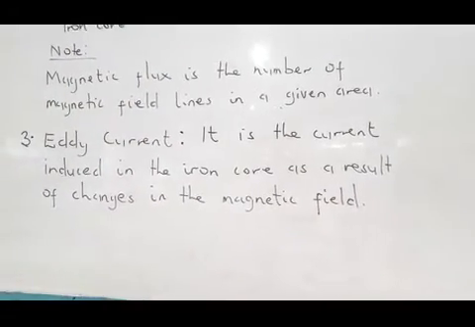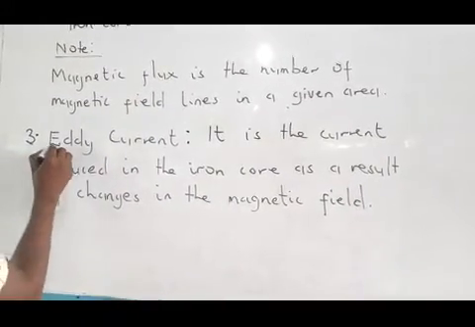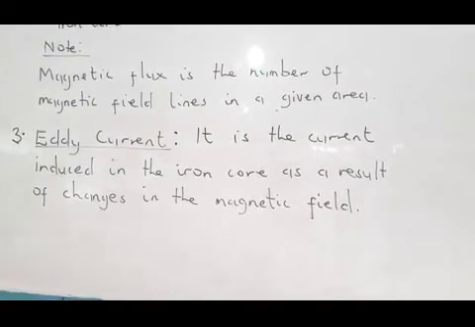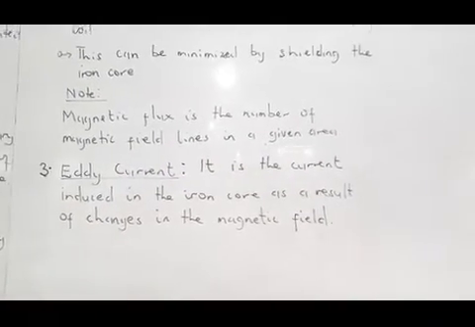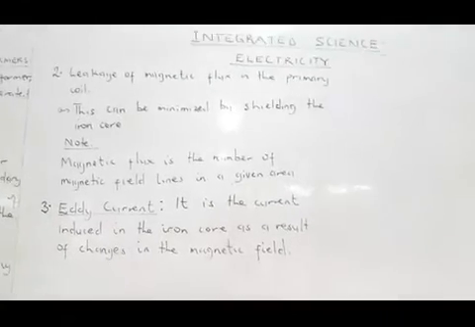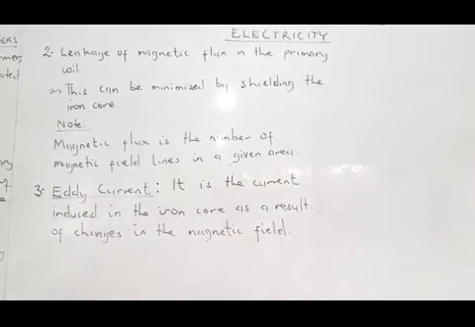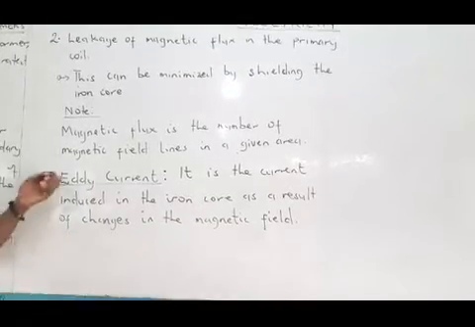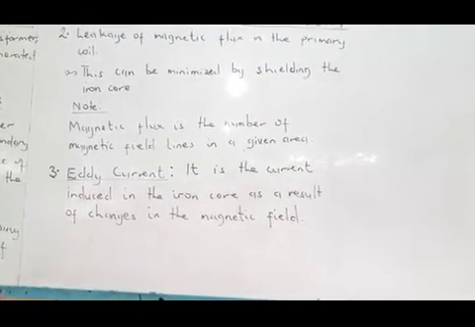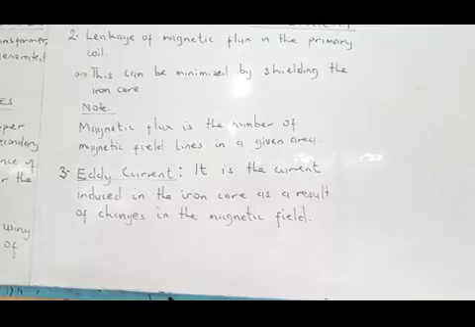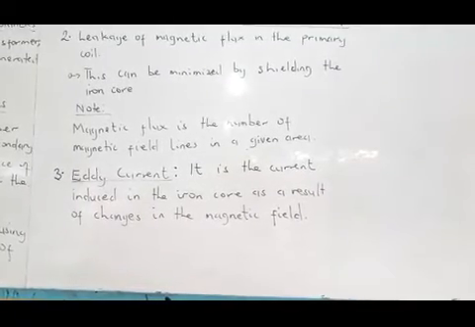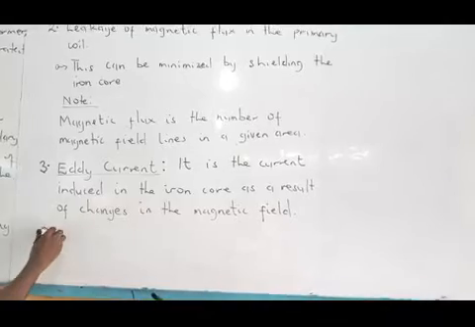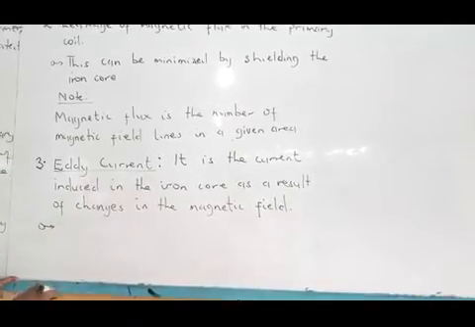So that is another cause of energy losses in transformers. When this current is induced in the iron core, it will result in loss of some of the energies that are generated. And this can be minimized by laminating or shielding the iron core.